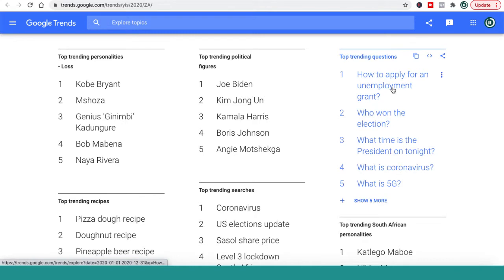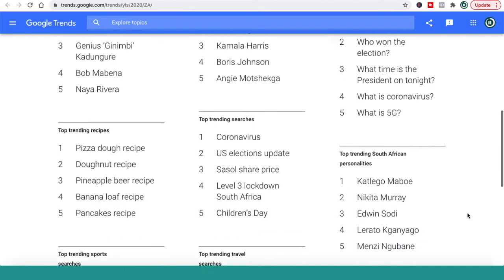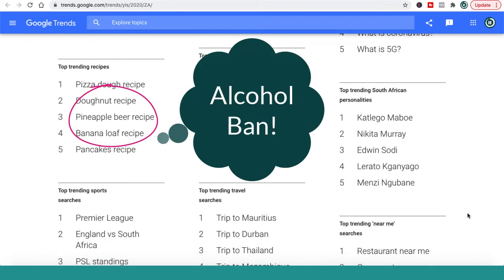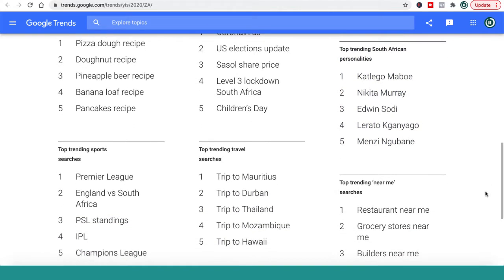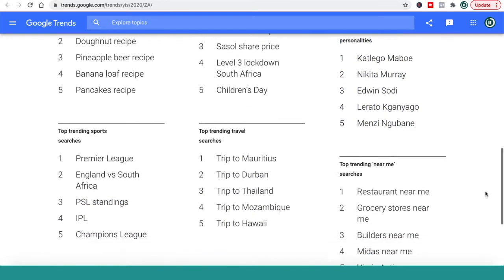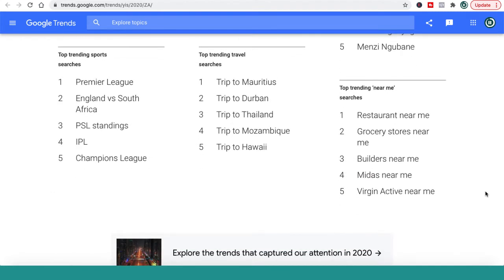We can look at the trending recipes and the searches, what specifically people in South Africa have been looking at. It's really nice to have this information, and we can do this across different countries. Obviously I'm looking here at South Africa, but we can switch it to another search criteria. Here we can see the trends for travel and for things that are near me, like Virgin Active near me.